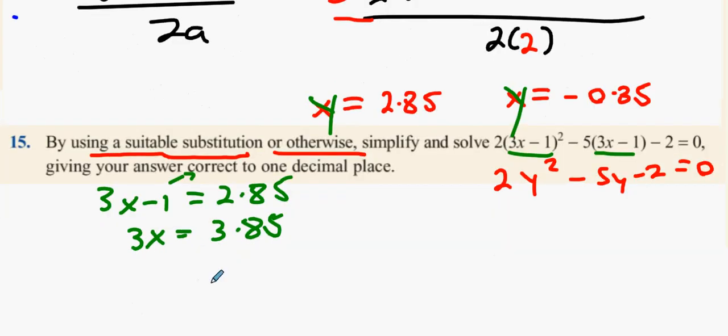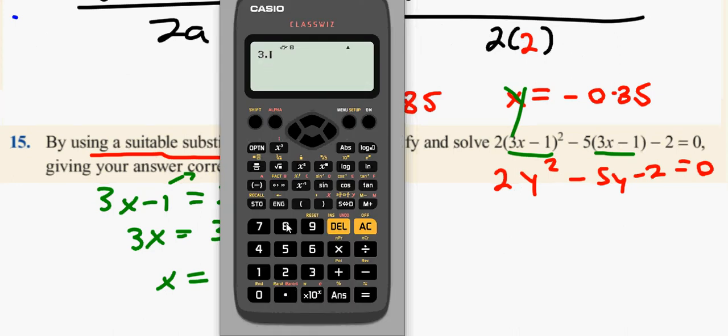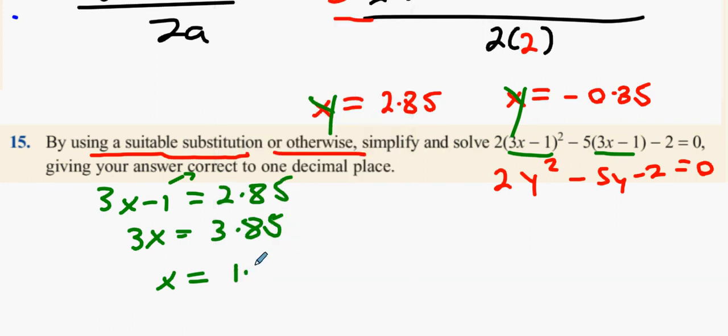Divided by 3 and what do you get? Yeah. 1.3? Is that what you got? Yeah. Then the other one? 3x equals, what's it, 0.55?